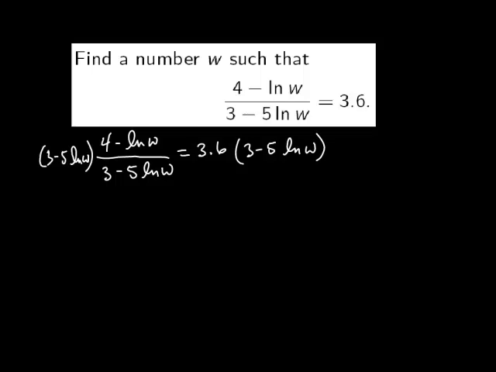That leaves me with 4 minus ln w equals 3.6 times 3, which is 10.8, minus 3.6 times 5, which is 18.0, ln w.